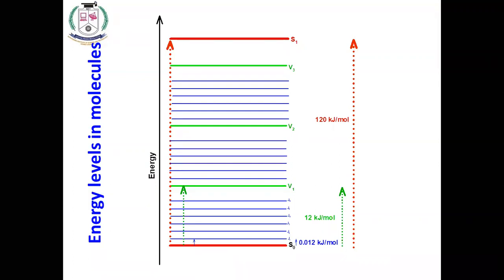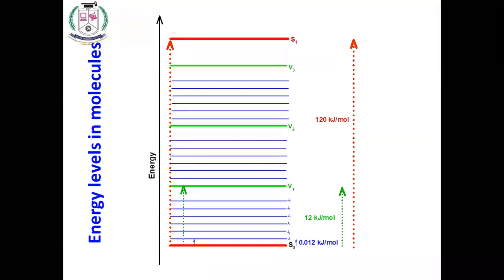If you see this V0 to V1, 12 kilojoule per mole, this rotational energy level is 0.012, that is exactly 1000 times. And even 120 means 10,000 times. The rotational to electronic is around 10,000 times. Rotational to vibration is around 1000 times. This is the energy difference.